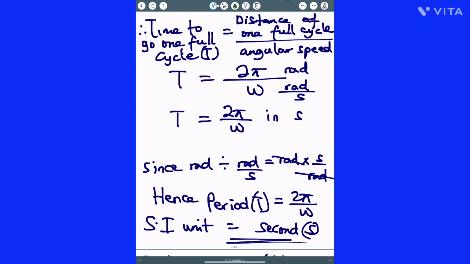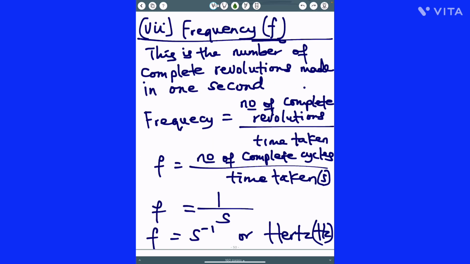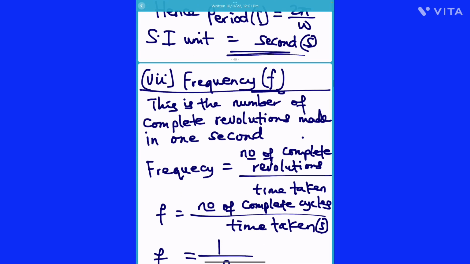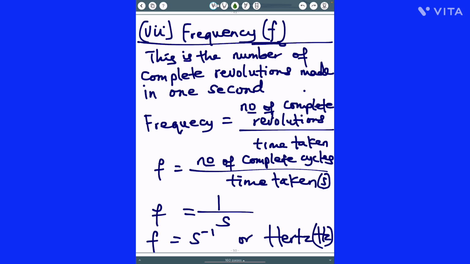Hence, period is 2 pi over W, and it is measured in second. Frequency, this is the number of complete revolutions made in 1 second by an object performing circular motion.